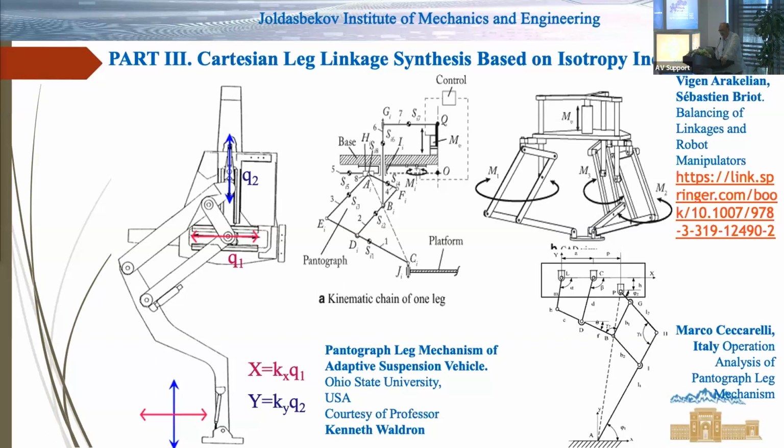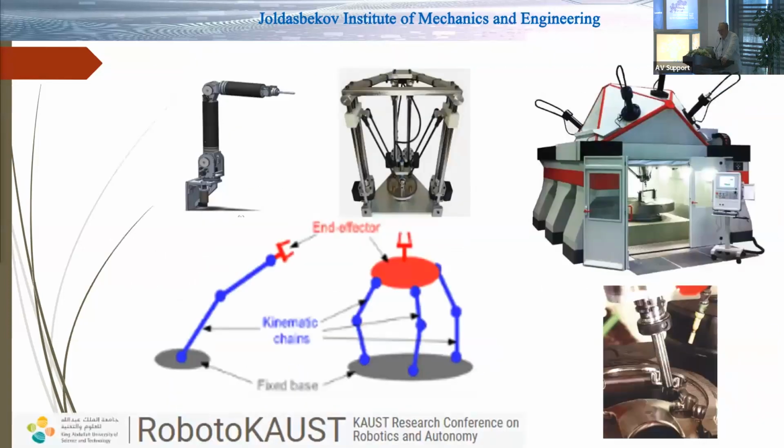Here, as I said above, there is the well-known construction of the Adaptive Suspension Vehicle using a pantograph mechanism with decoupled motions, but as I have said, it uses linear actuators, with the disadvantages that I have mentioned before. And here, to optimize this structure, we have used the theory of optimal design of so-called parallel robots.